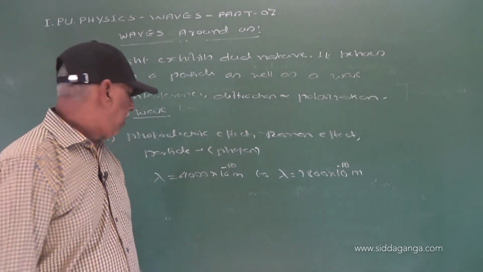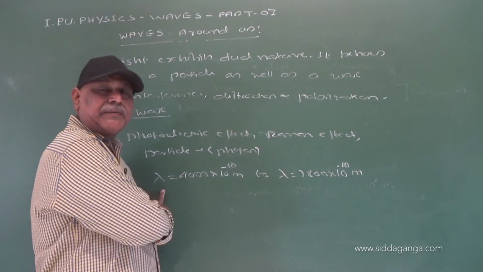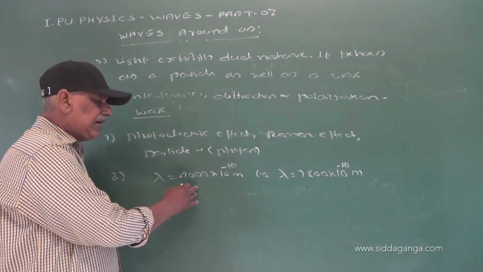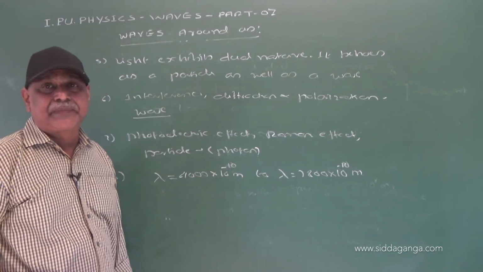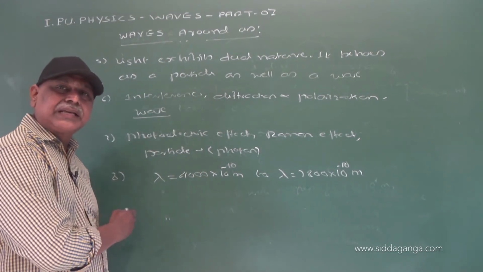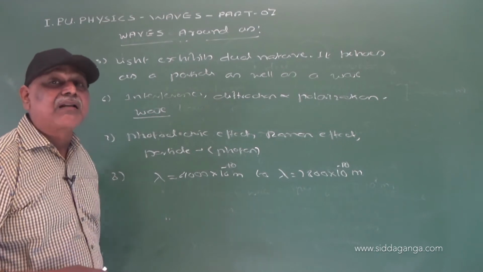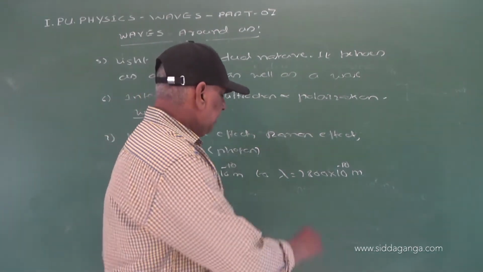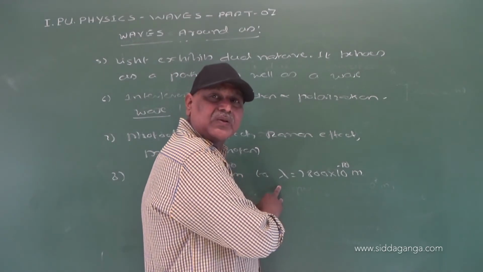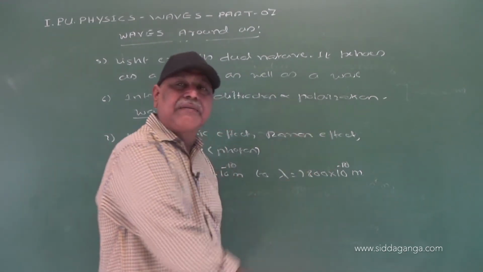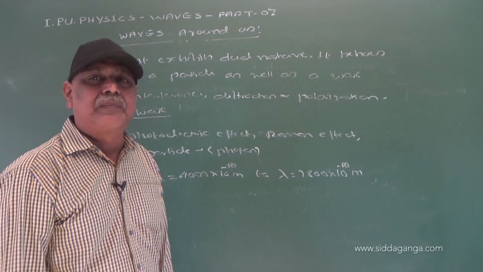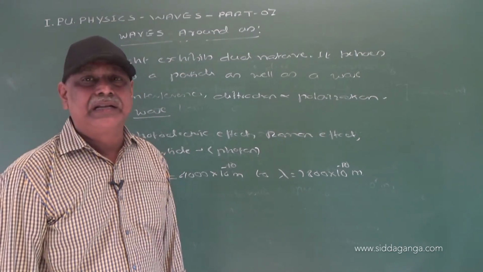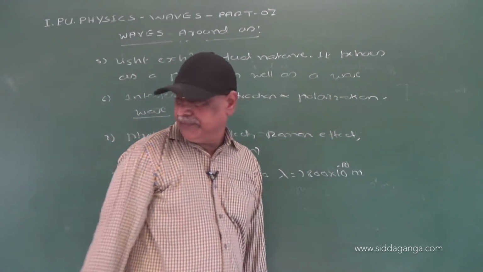But among them, electromagnetic waves of wavelength less than 4000 × 10^-10 meter, that is ultraviolet rays, X-rays and gamma rays, are not visible. At the same time, electromagnetic waves of wavelength greater than 7800 × 10^-10 meter cannot be seen.